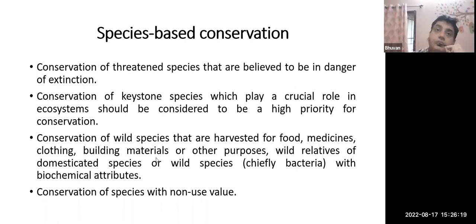So if we talk about some species, maybe they look very beautiful, or they have some aesthetic value, or some other kind of significance attached to them. So we can also focus in our species based conservation program on them. So these are various strategies which can be involved in the species based conservation program of the agrobiodiversity.